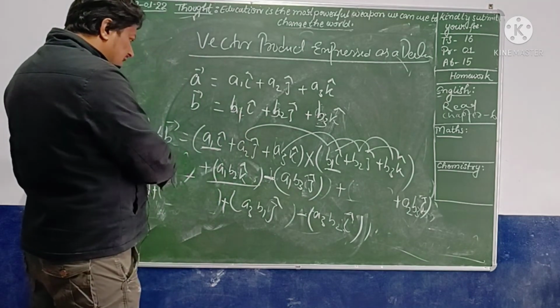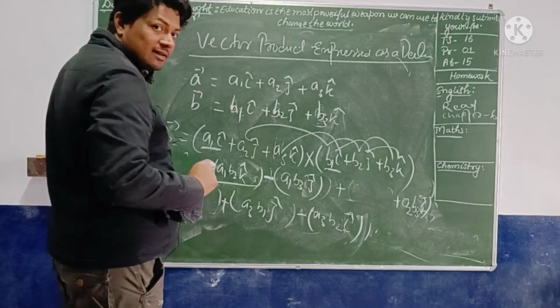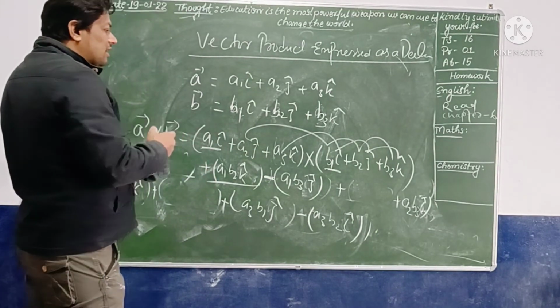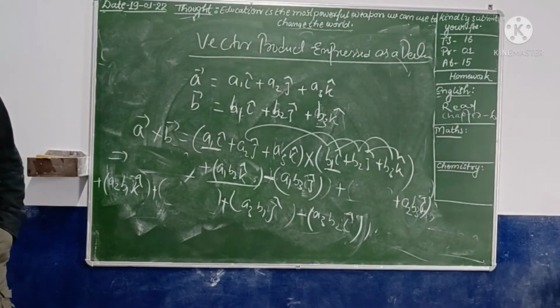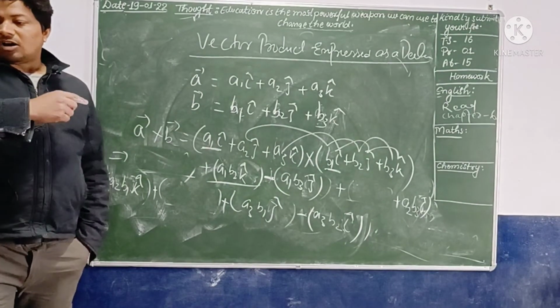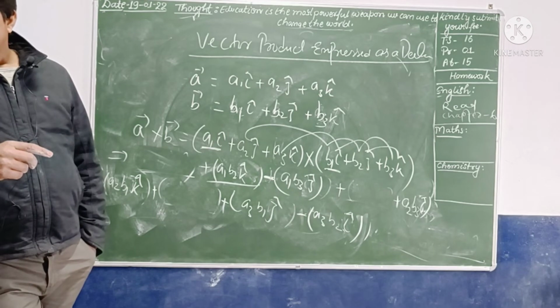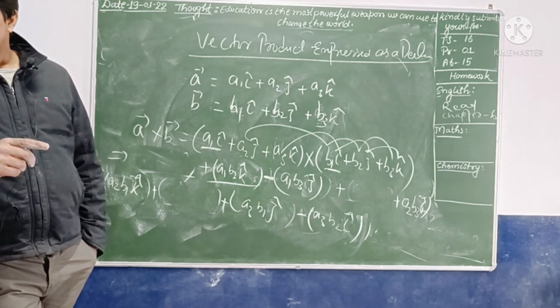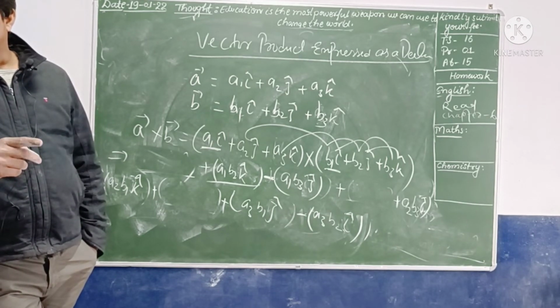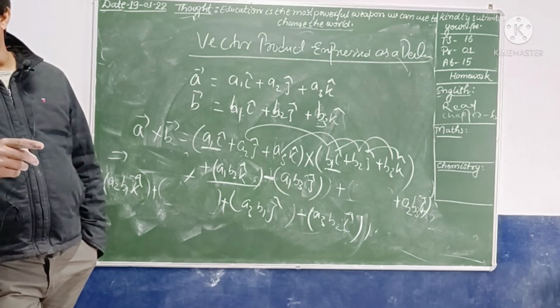Here also you are getting I, J and K. Is it clear? If you write it in the determinant form, you will get A1 B2 K cap, A1 B3 J cap, A2 B1 K cap, A2 B3 I cap, A3 B1 J cap, minus A3 B2 I cap.